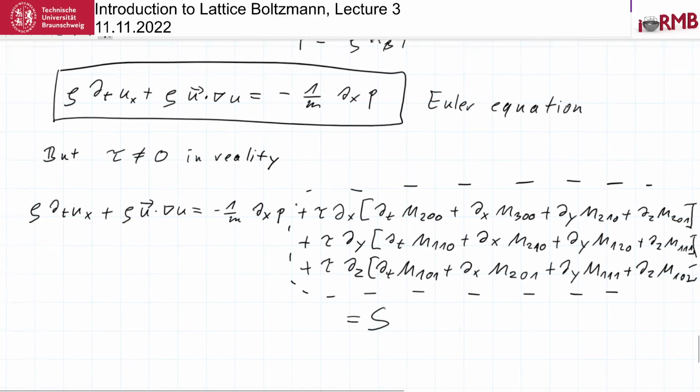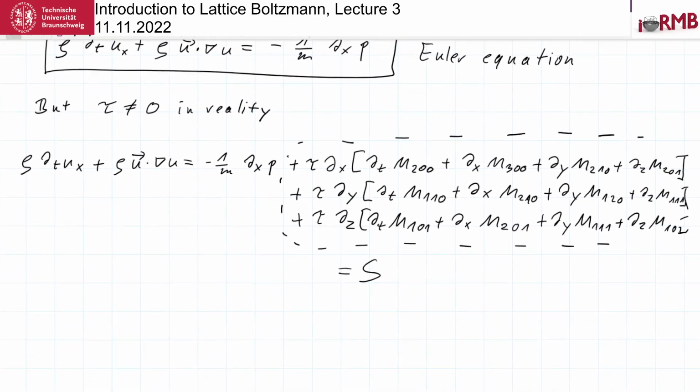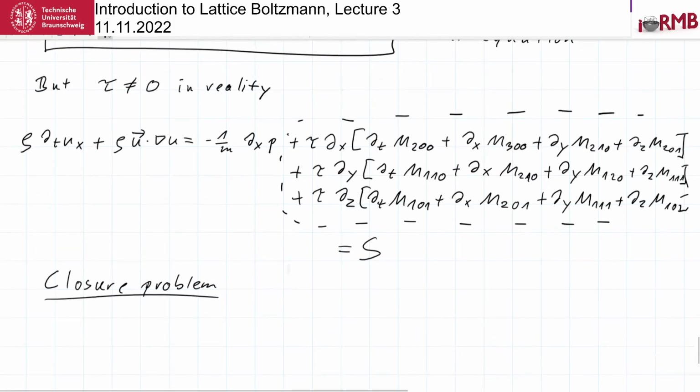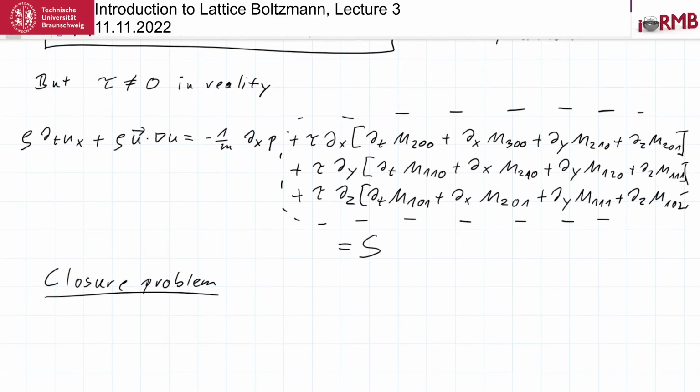So where do we get the third order moments? Well, again, the same way, we have to get the equations of these third order moments, and this leads us to the so-called closure problem. In order to get the equations of the third order moments, we need the next order of moments.